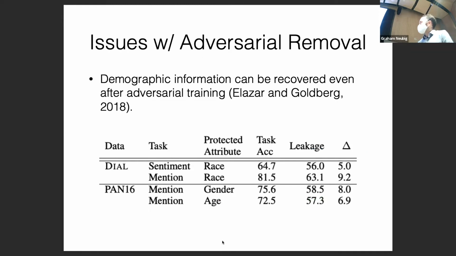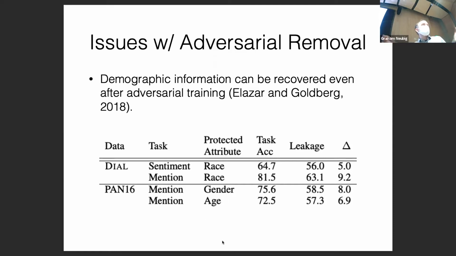So one interesting thing is that even with adversarial removal of information about protected attributes, demographic information can still be recovered even after adversarial training. The reason is that the adversary is trained in a particular optimization process.